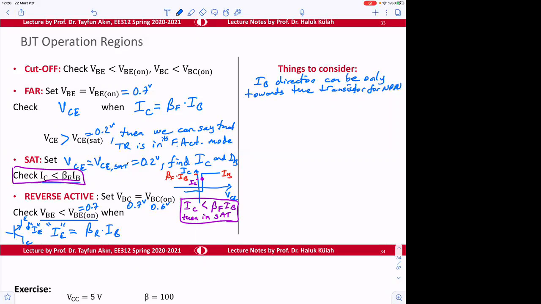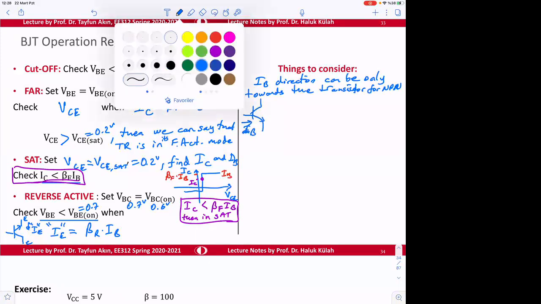So if you have an NPN, if you assume a state for the case, and then if this is negative, then you know that your assumption is not correct.